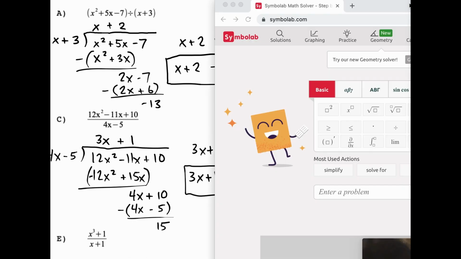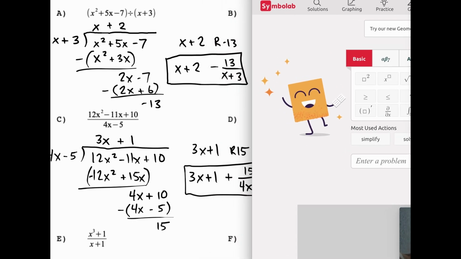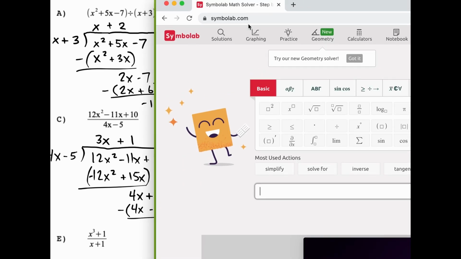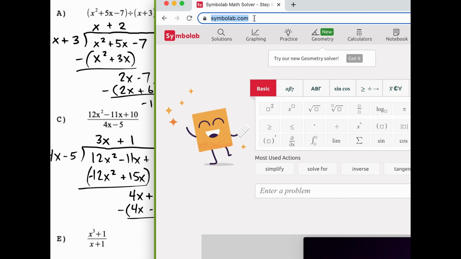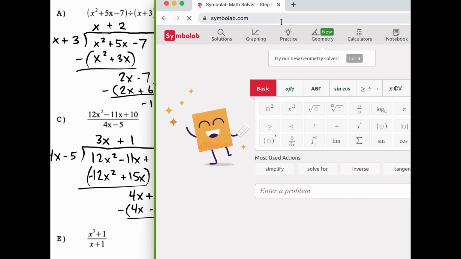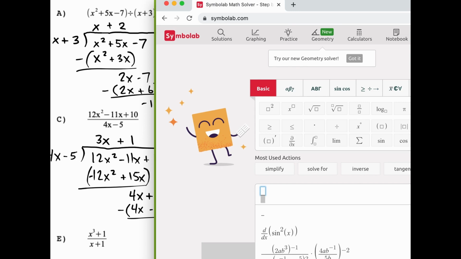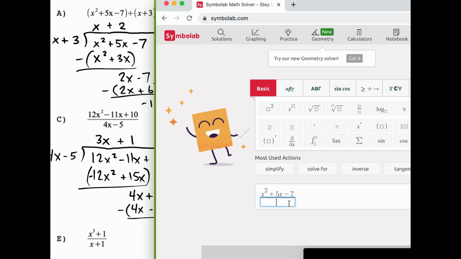Well, we should be able to check our work using an online calculator. Alright, so this calculator here is called symbolab.com, and it should be able to do polynomial divisions like this. So I'll check my first one, x squared plus 5x minus 7 over x plus 3.